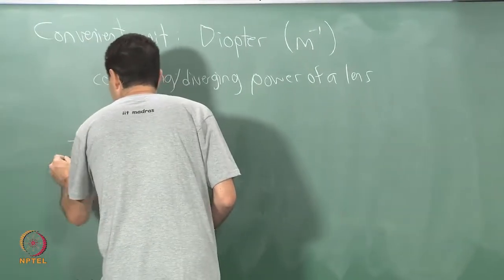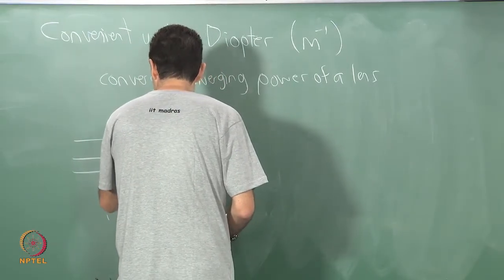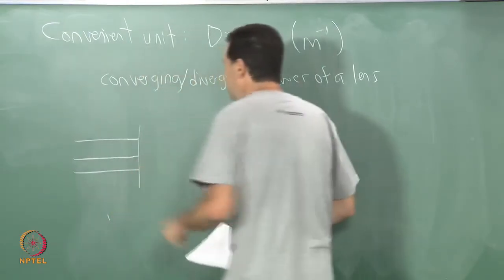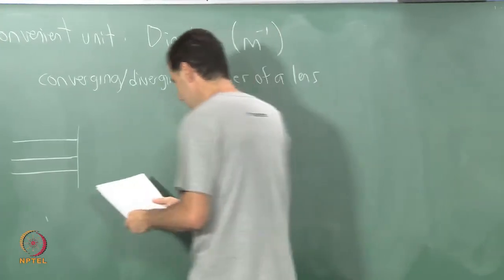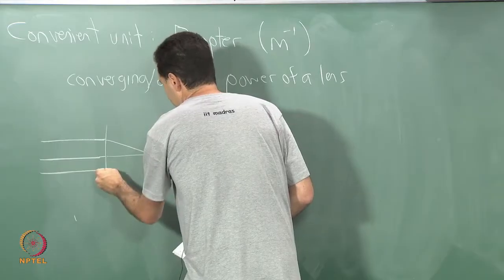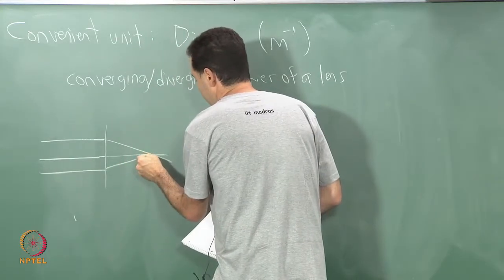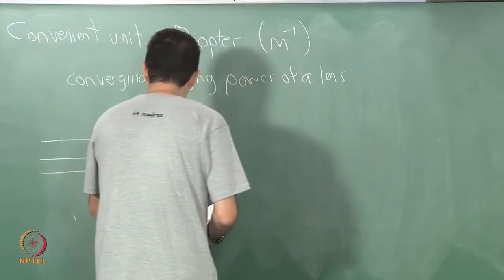So if I have parallel rays coming in and I have, let's say, a really thin lens here that's so thin that I'm not going to draw it, and then these rays converge to some point here.